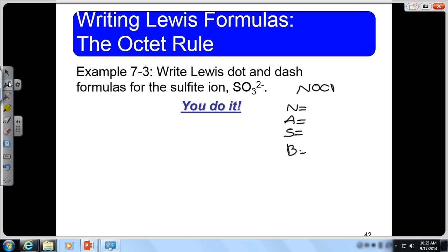All right, we have a nitrogen, oxygen, and a chlorine, all that need how many electrons? 8. So we have 24 needed electrons. Available is the same thing as valence. Nitrogen is in group 5.